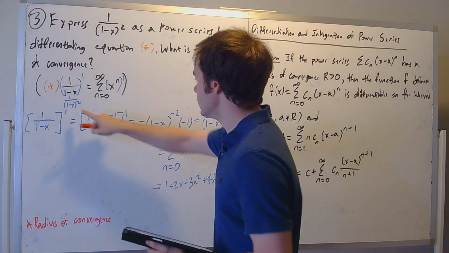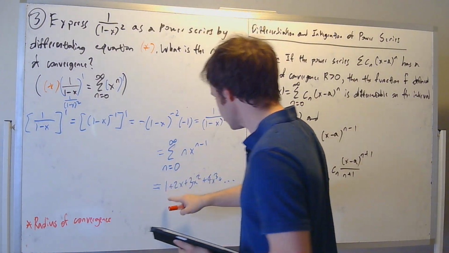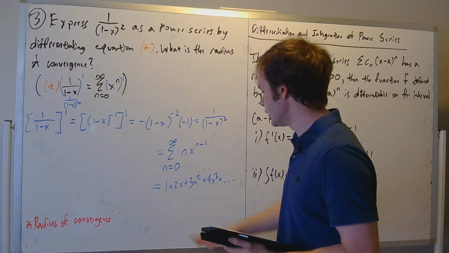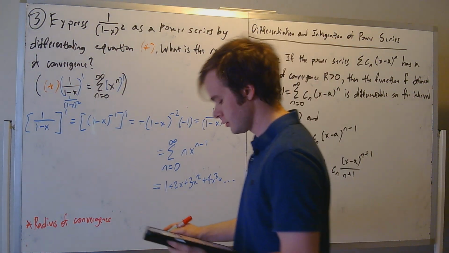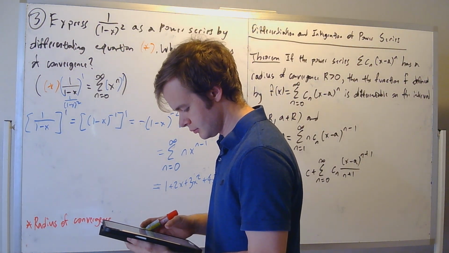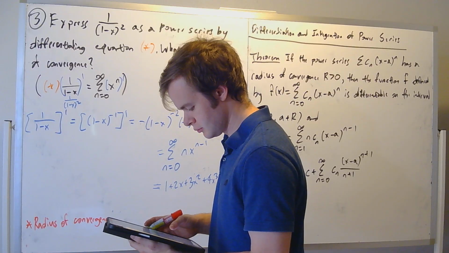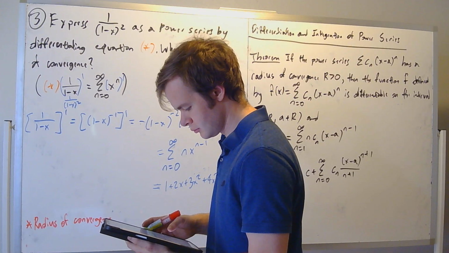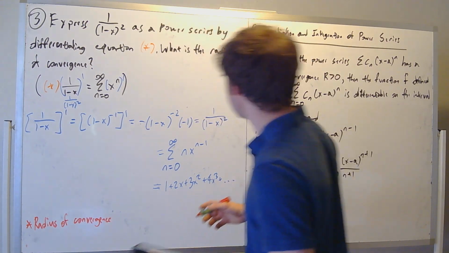Right, so here we look at what we're multiplying by. We're multiplying by 2x. Oh, sorry, that's not what I meant to say.